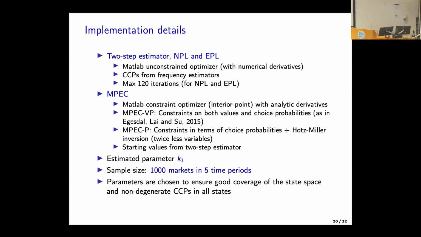It doesn't rely in the same way on the contraction properties of the NPL operator, because it's essentially based on Newton's method instead. So it's not doing successive approximations, and it's not going to be fragile to the same sort of instability issues that you'll see with NPL. So we're going to compare with that.